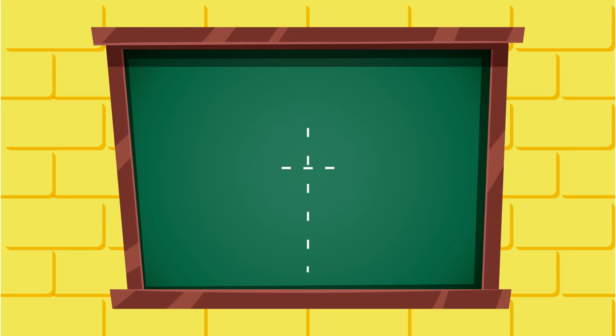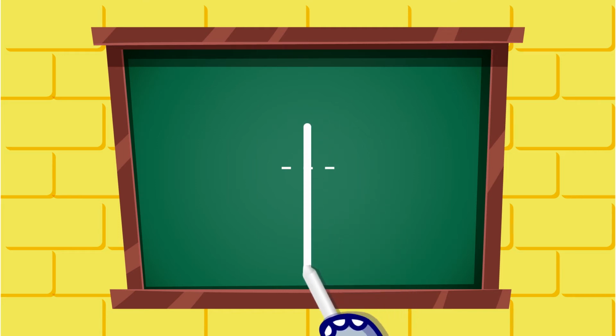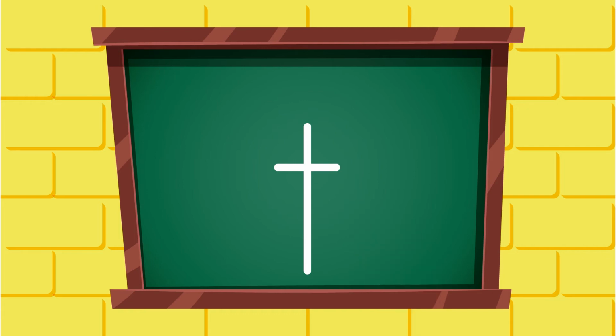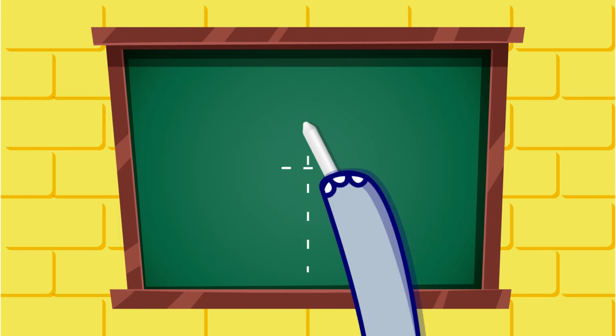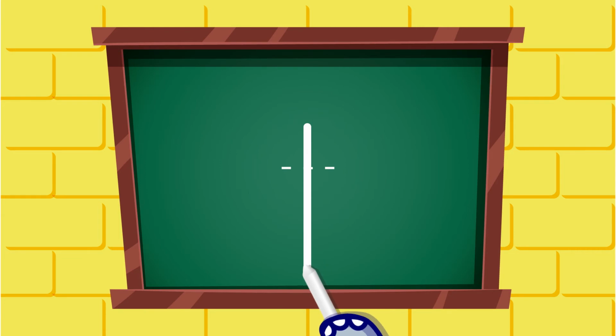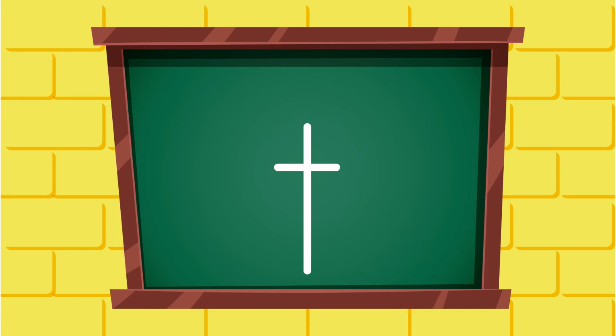Now we're going to write the lowercase t or small t. Start above the middle and make a line down. Then go back up to the middle and make a line across. Let's try it again. Down, across.